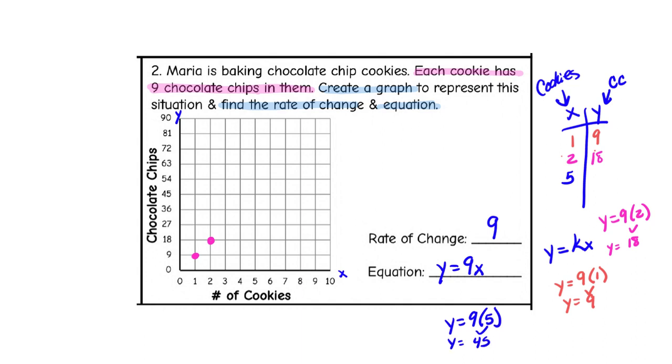Y equals 45. So if I have 5 cookies, I'm going to be on the 5 line, go up till it's 45 on the y. And now I've got 3 points, and I can go ahead and graph my line.